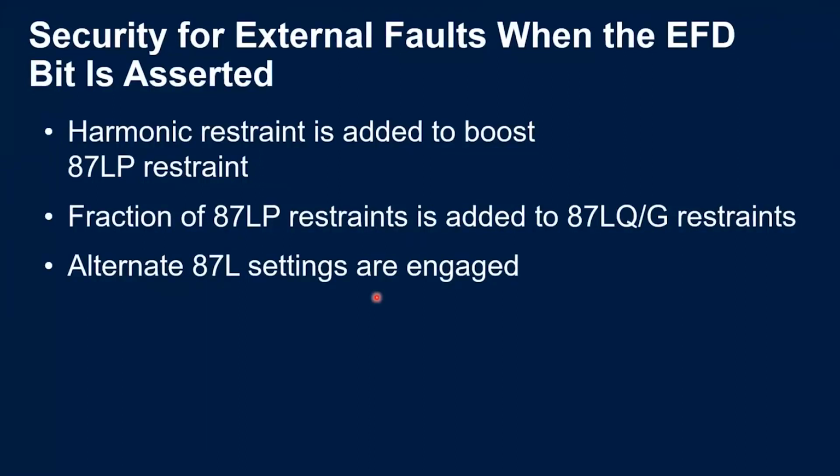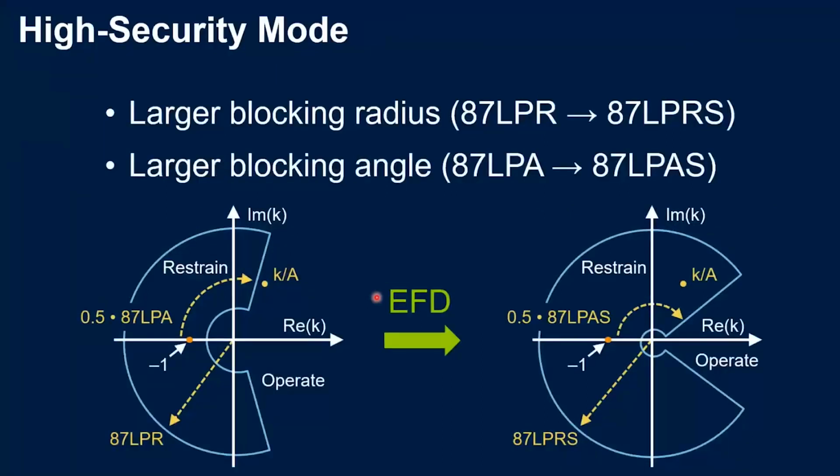This can be seen here on the next slide. Okay. So on the left we have the regular characteristic, and once the external fault is detected, the settings will change automatically to the high security ones, which is normally a bigger radius and a bigger angle, okay, a blocking angle. But what about the harmonic restraint I was saying before?